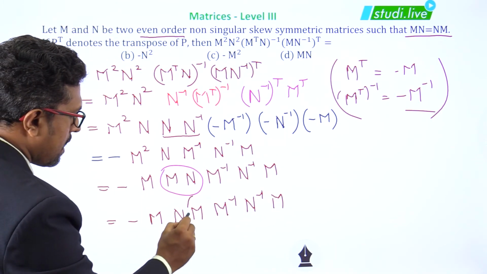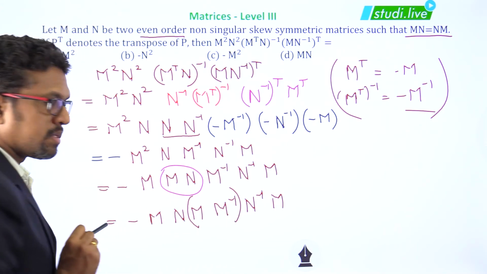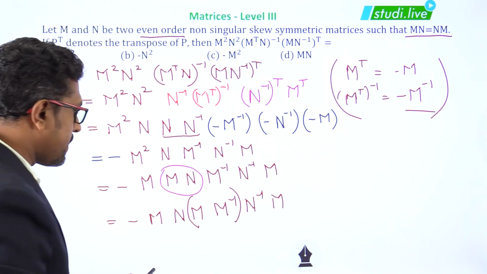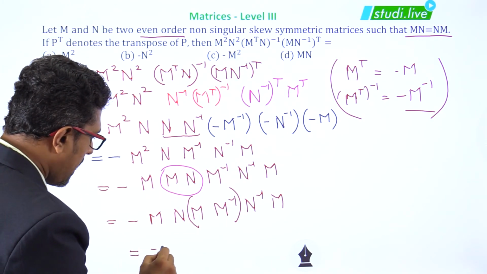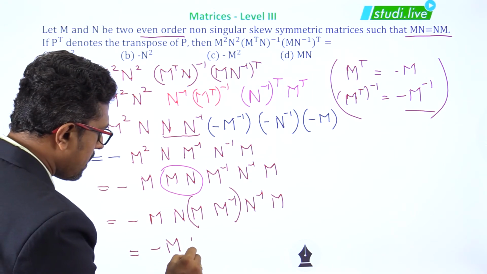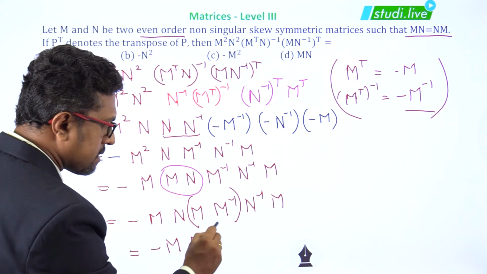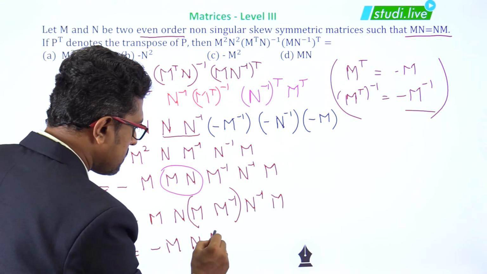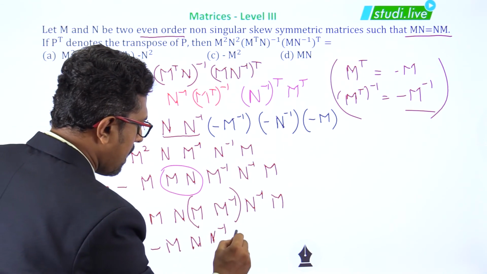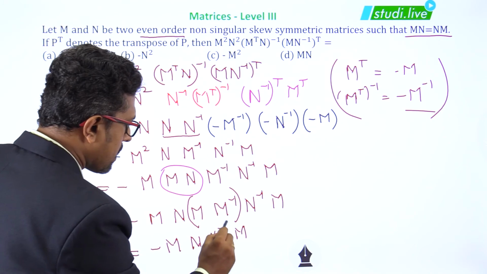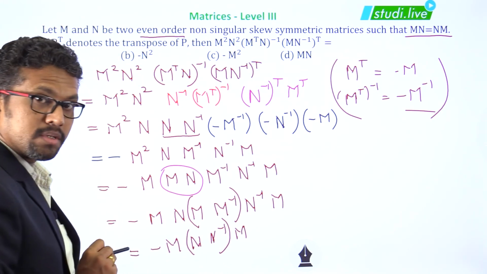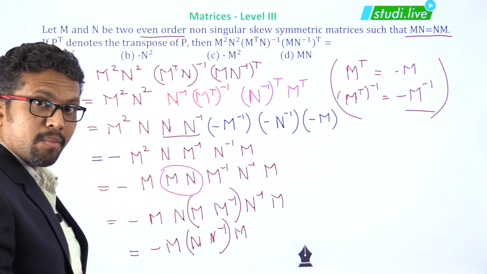Now just check. M into M inverse will become the identity matrix. So you will get minus N into N, this is identity. What is left is just N inverse and M. Again N into N inverse will become identity.